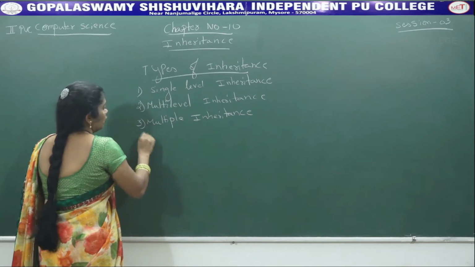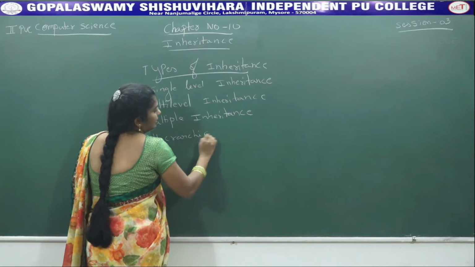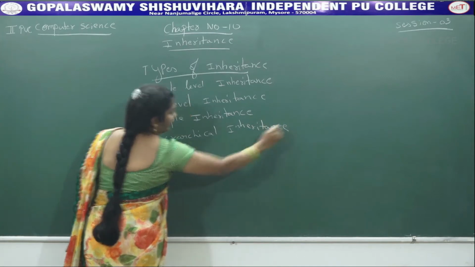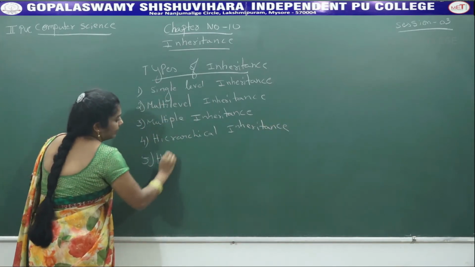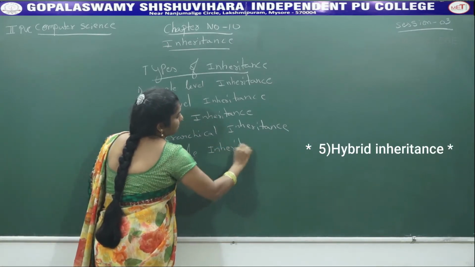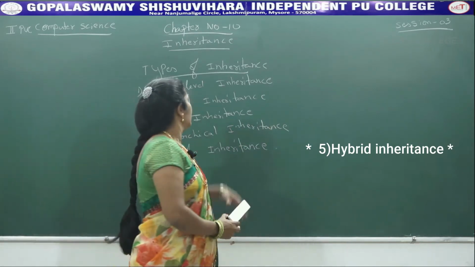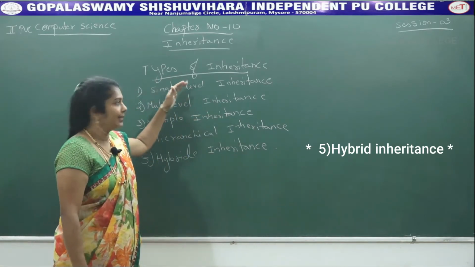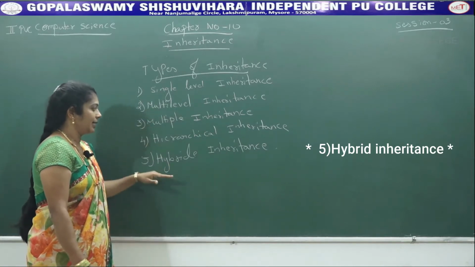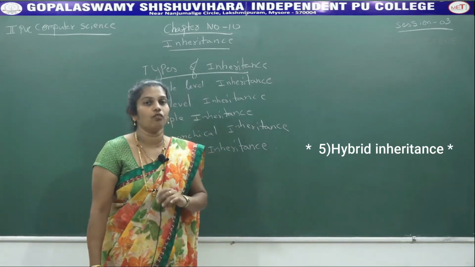Fourth one, hierarchical inheritance. And the last one is hybrid inheritance. These are the different types of inheritance: single level, multi-level, multiple, hierarchical, as well as hybrid inheritance.